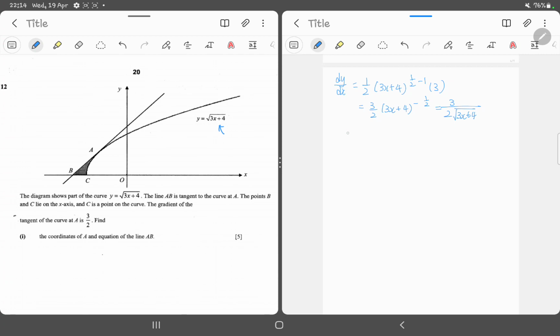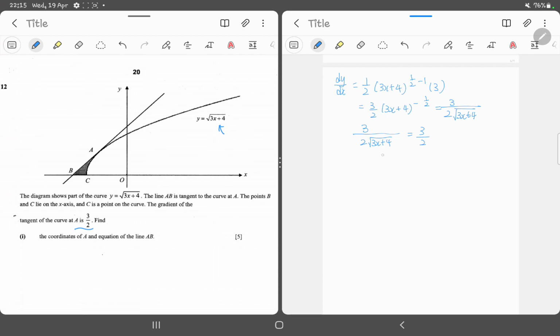Because the gradient of the tangent of the curve at A is 3/2, to find the x coordinate of point A, we can equate dy/dx to this gradient 3/2.